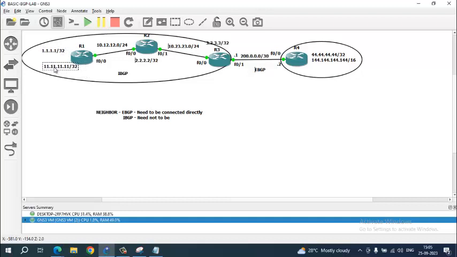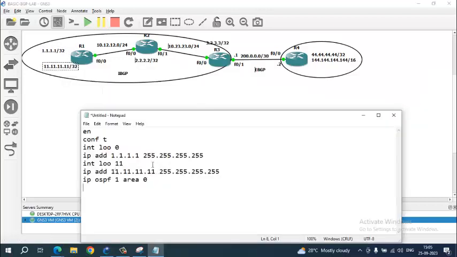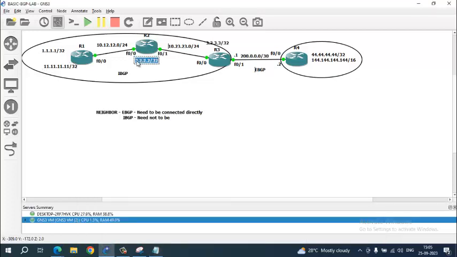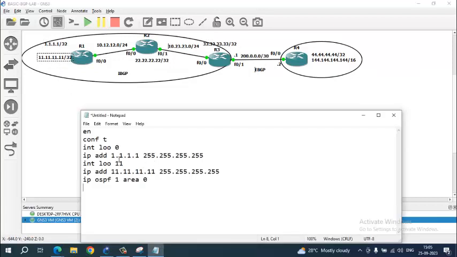So I'm not running OSPF on the 1.1.1.1 network. Alright, so this 1.1.1.1 is for later. I'm just putting the IP address on the interface. I'm not running OSPF.